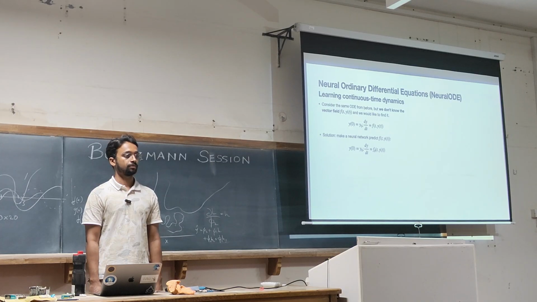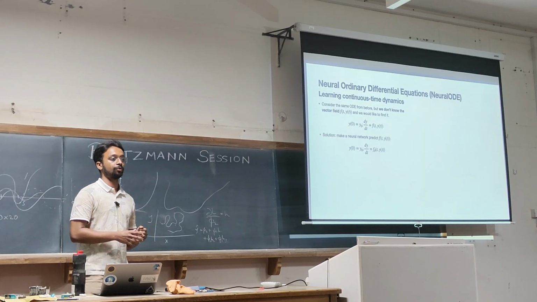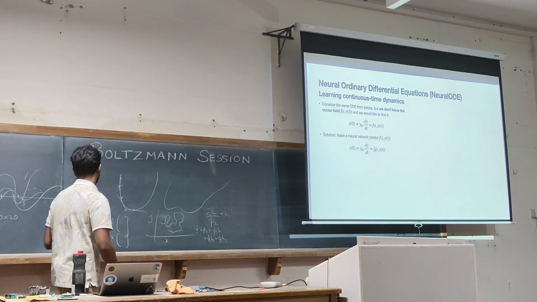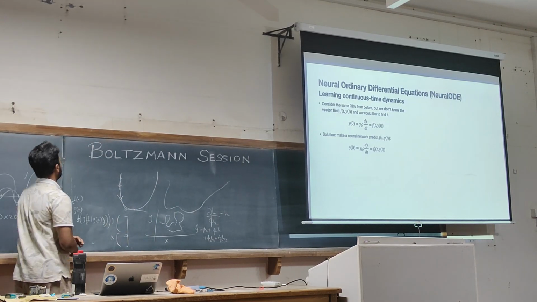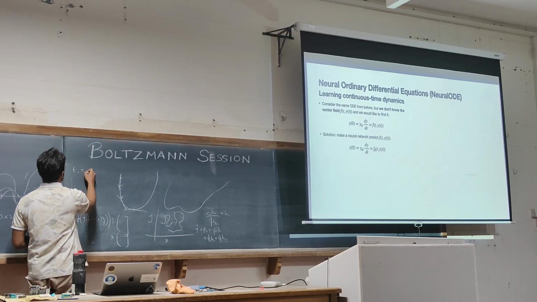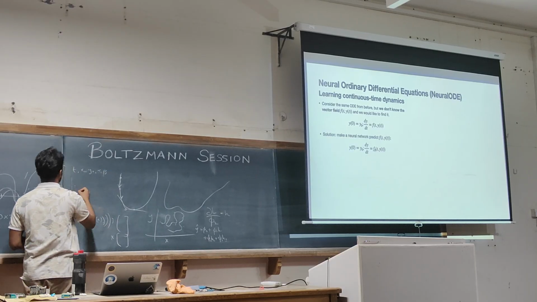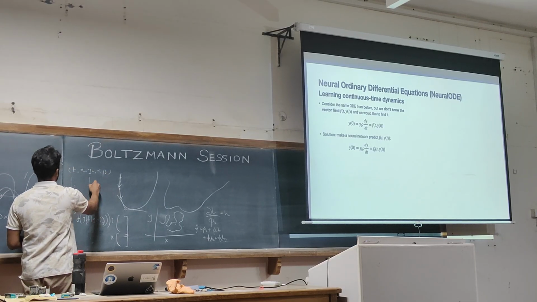If you have x and y as a function of t, and you feed in time, you get the final state. So let's say the inputs are t, x0, y0, alpha, beta, whatever. You feed this into the neural network.